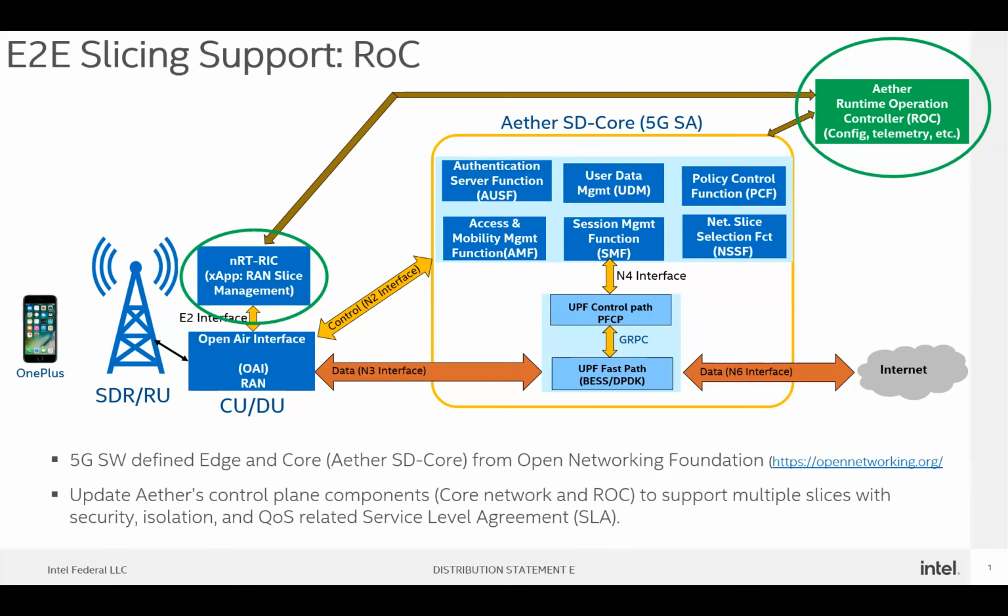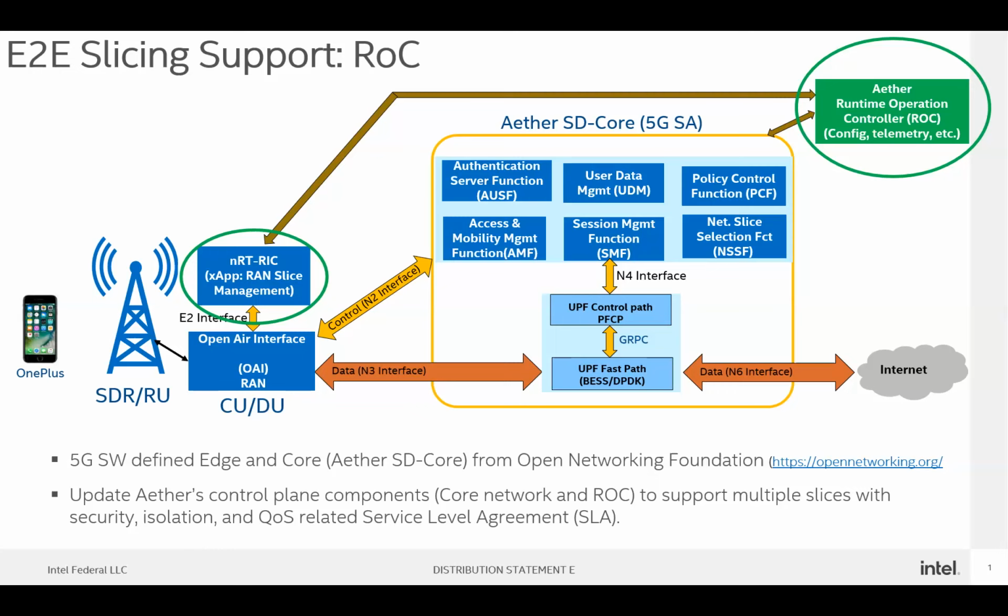That was at least the original idea, so we can have control not just from a slicing perspective on the core network side, but also over the slicing parameters on the RAN side.